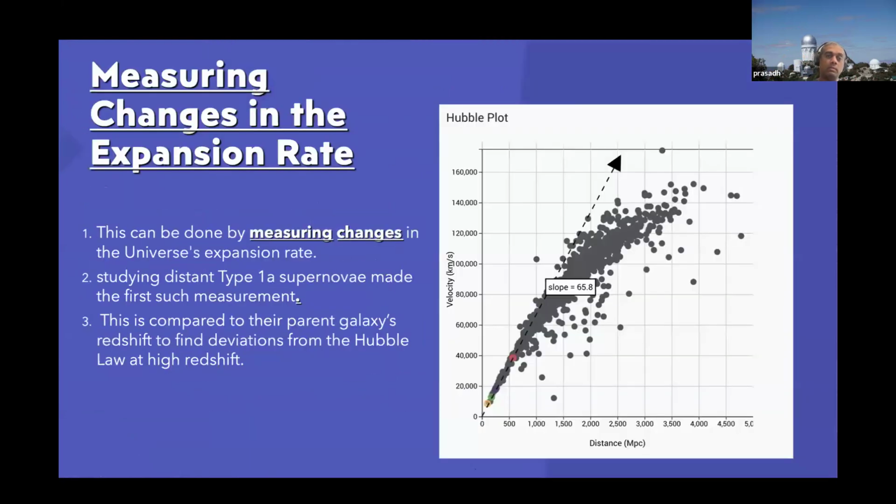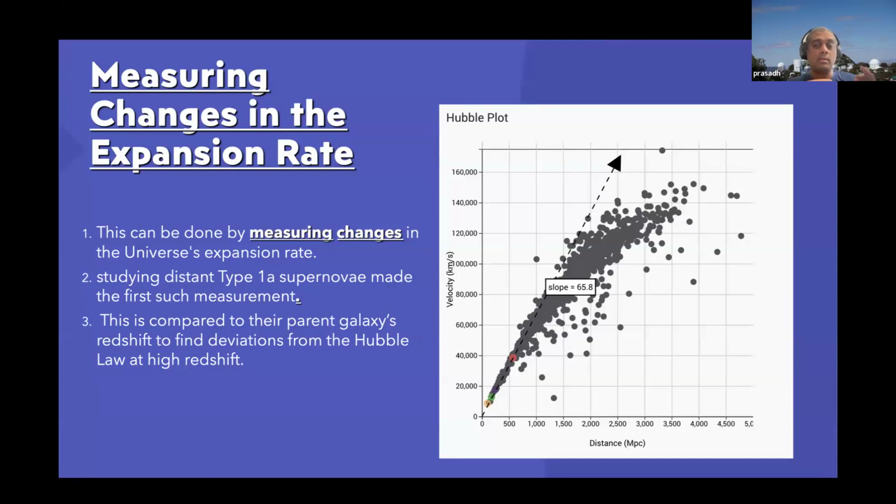But you can understand, from the things that I have discussed up to this point, we are using different methods to measure the different distance scales, right? Because certain methods have limitations, so we need to go for the next method.